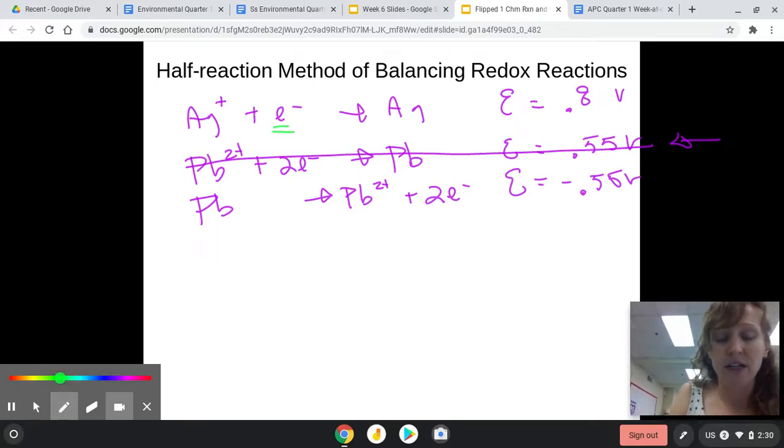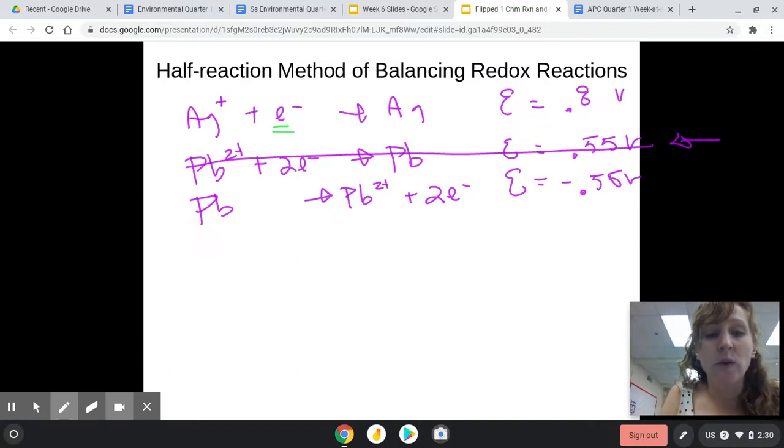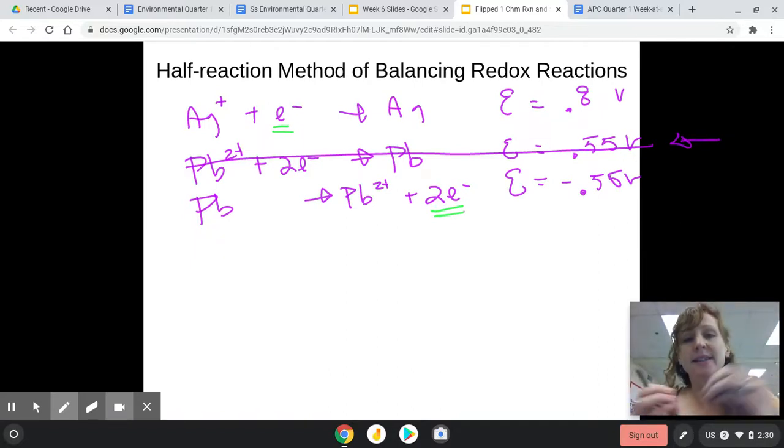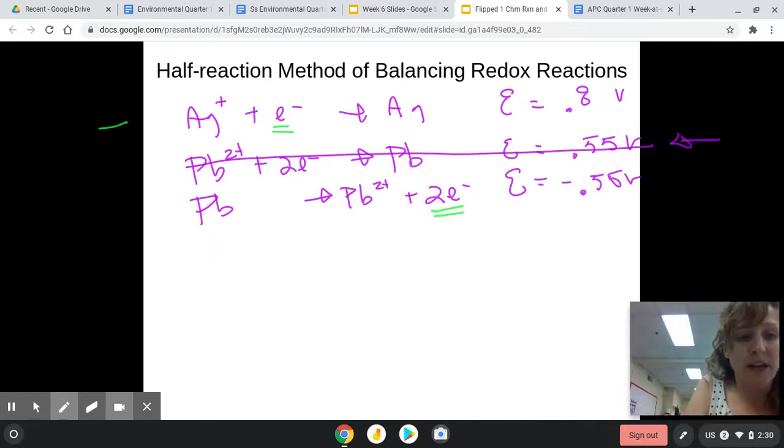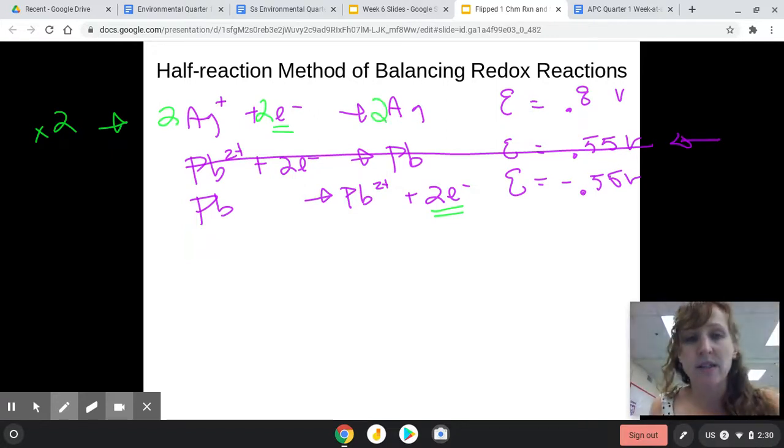Silver is going to combine with 1 electron, but lead here is giving off 2 electrons. So like I said, if someone's going to give off 2 electrons, someone else needs to accept 2 electrons. So we're going to double this top one. We're going to have 2 silver ions, 2 electrons, 2 silver elements.